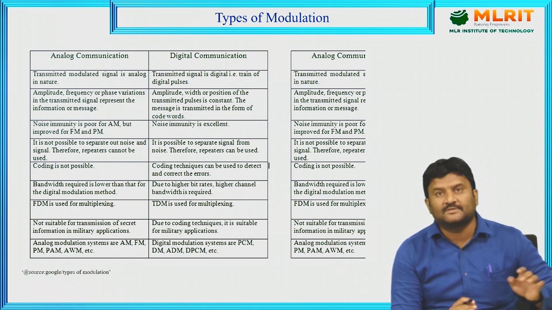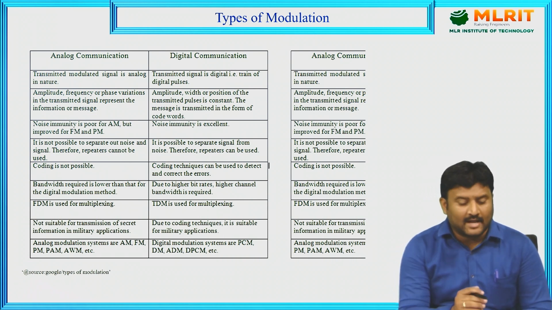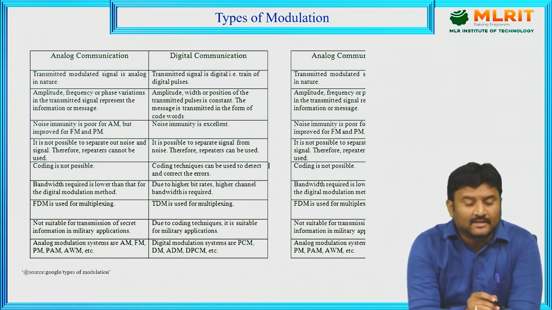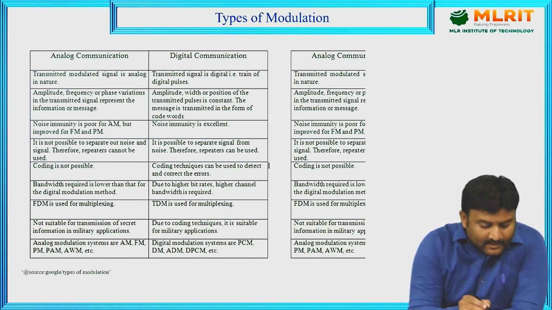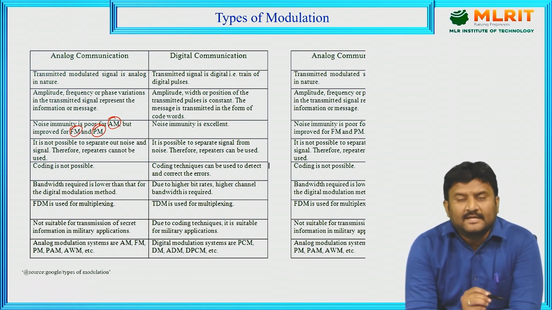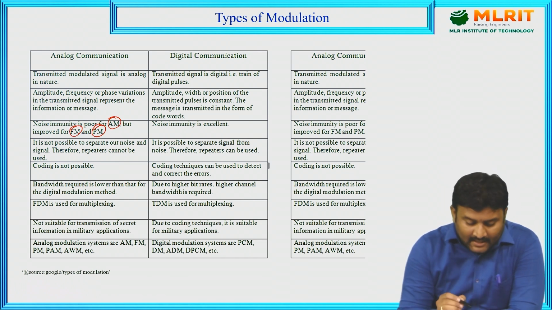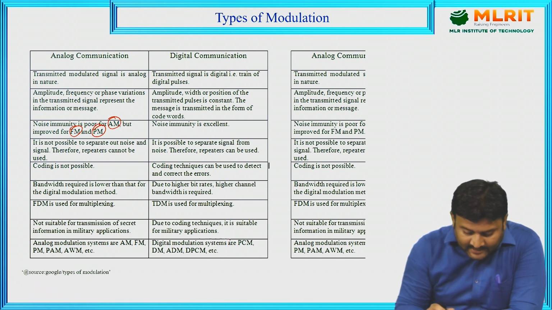What is the difference between analog modulation and digital modulation techniques? Observe here, AM, FM and PM. These three are analog modulation techniques. Observe the digital modulation techniques here: PCM, DM, ADM, DPCM.